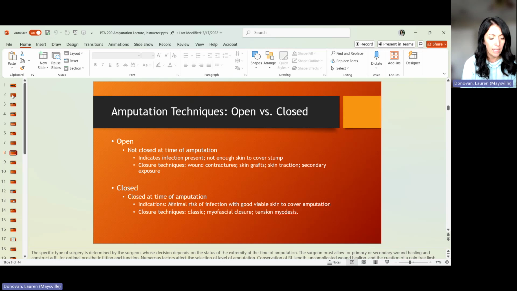Myodesis is where muscle is attached to the periosteum of the bone and may also be used to provide a very stable muscle attachment. Rarely you will see a tenodesis, where the tendon is attached to the bone, but it could be used for muscle stabilization. You'll see this particularly in foot amputations, because the extrinsic muscle tendons are cut.